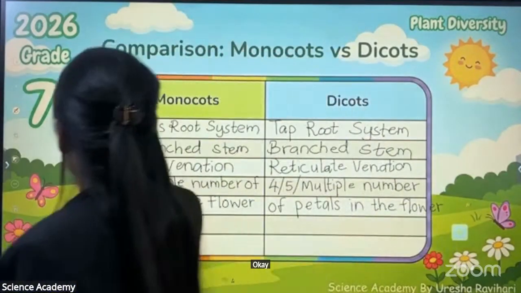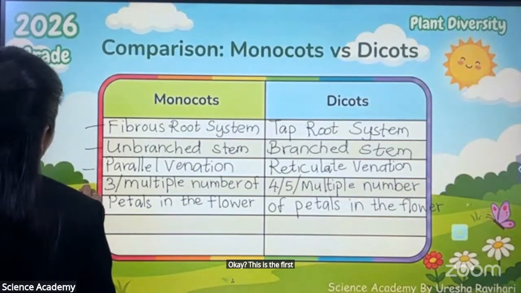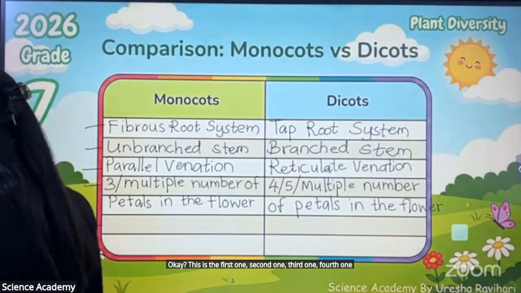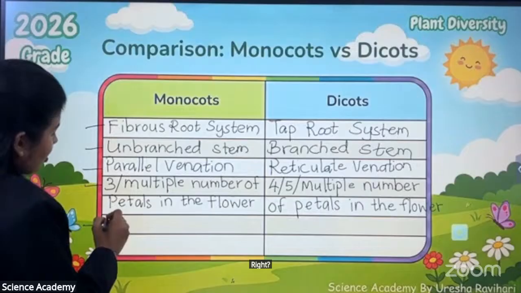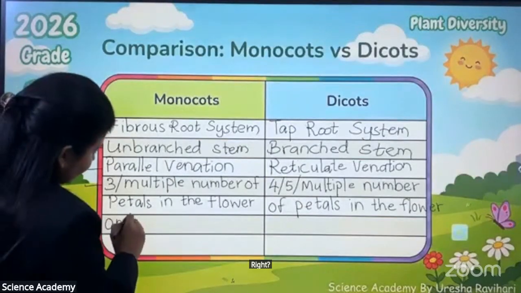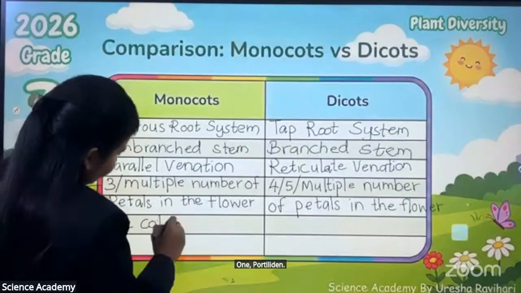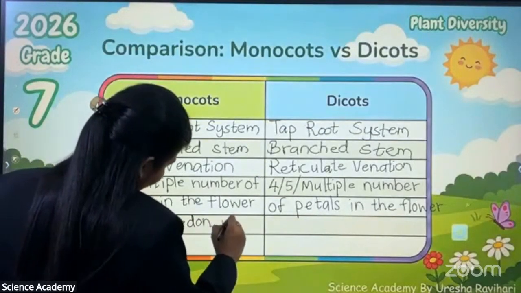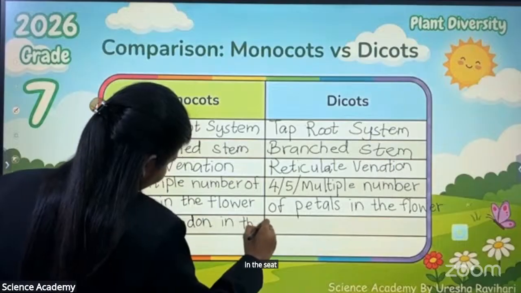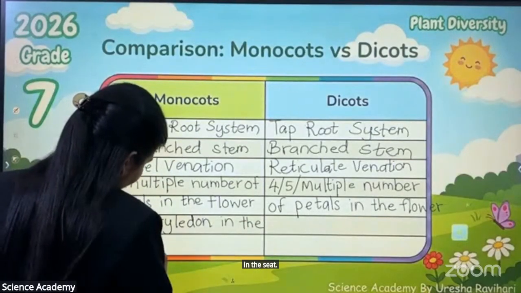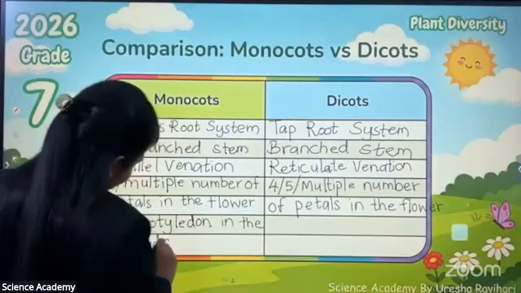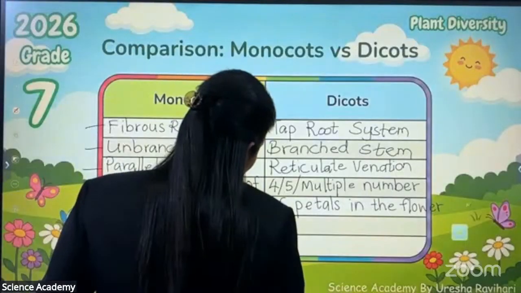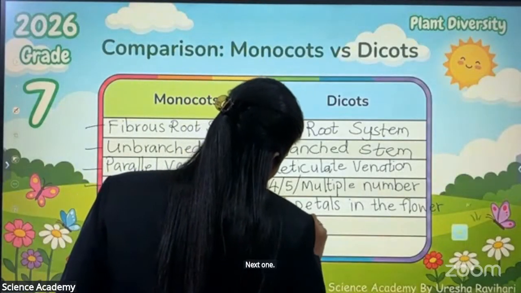Okay, this is the first one, second one, third one, fourth one. This is the fifth one, right? One cotyledon in the seed. Next one, two cotyledons.